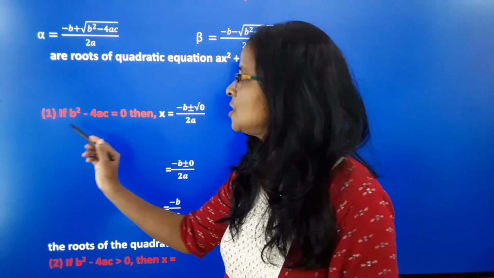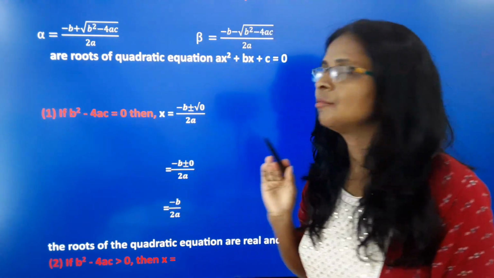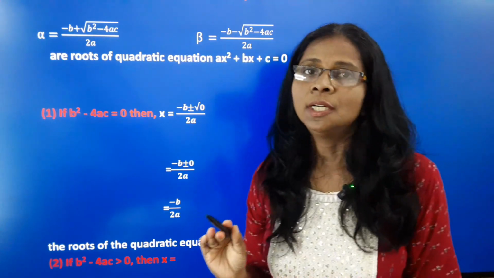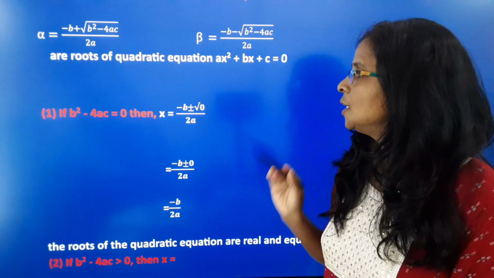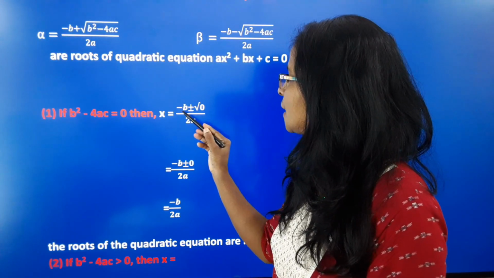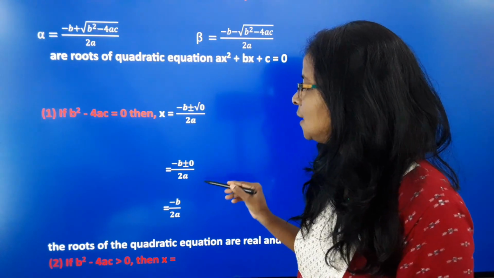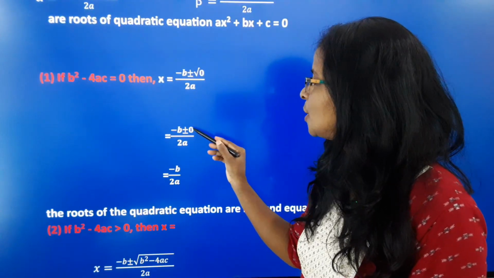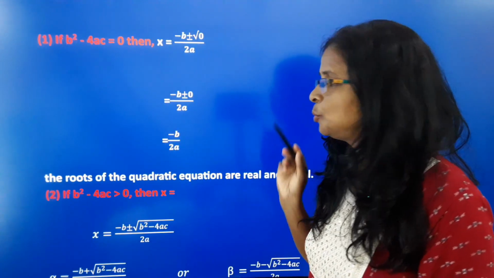Okay students, now if these are the roots of the given quadratic equation, then the first condition is: if b square minus 4ac is equal to 0, then alpha is equal to minus b plus or minus square root of 0 upon 2a. That means minus b plus or minus 0 upon 2a, which is minus b upon 2a.